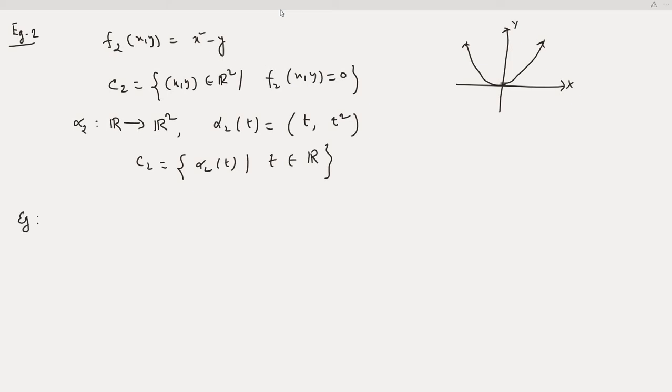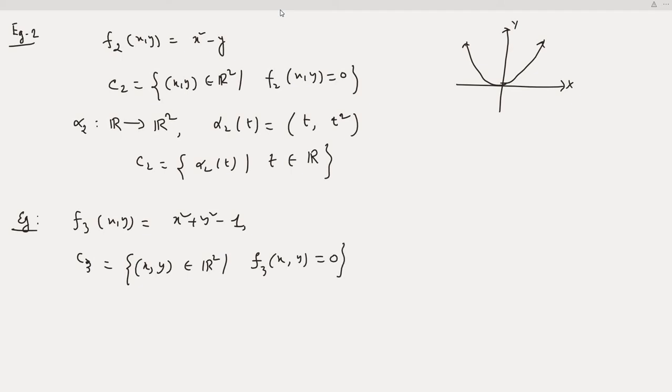One more example: f3(x, y) equal to x squared plus y squared minus 1, and C3 equals the set of all points (x, y) in R2 such that f3(x, y) equals 0. Pictorially, C2 is a curve, and here C3 is the circle with center at the origin (0, 0) and radius 1.